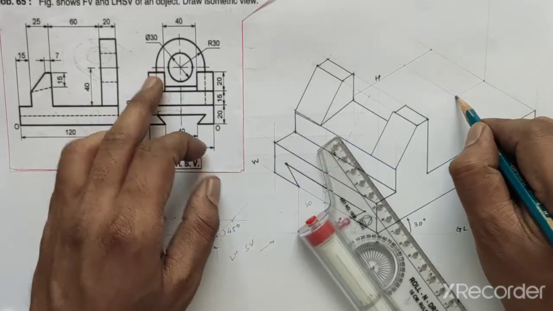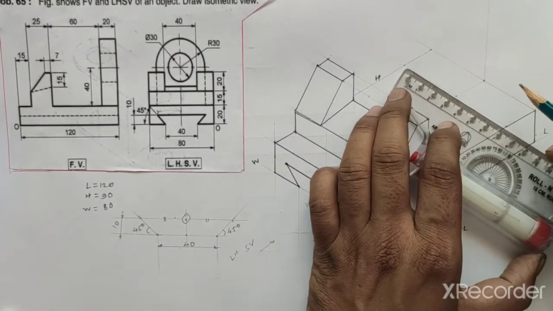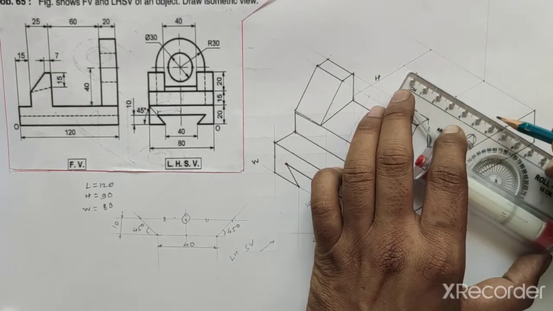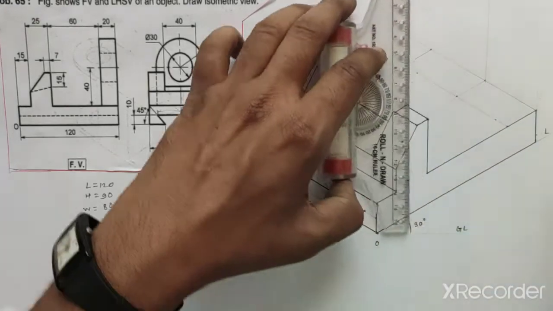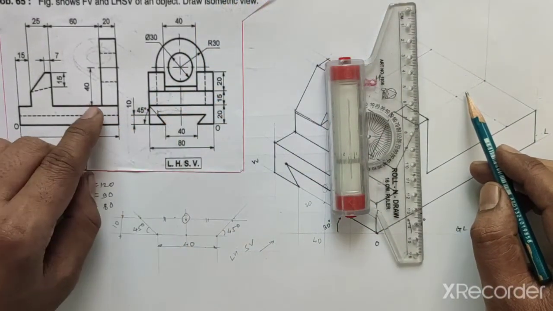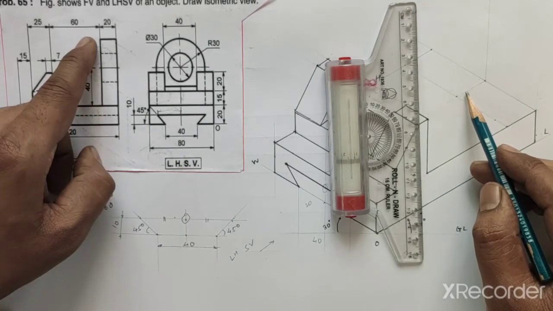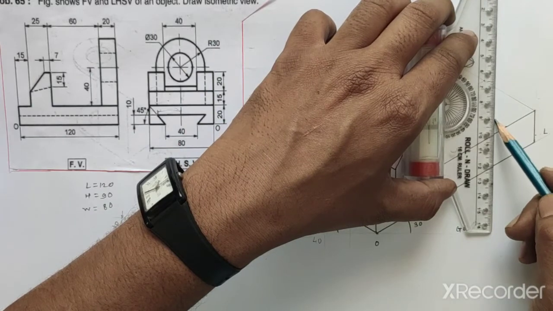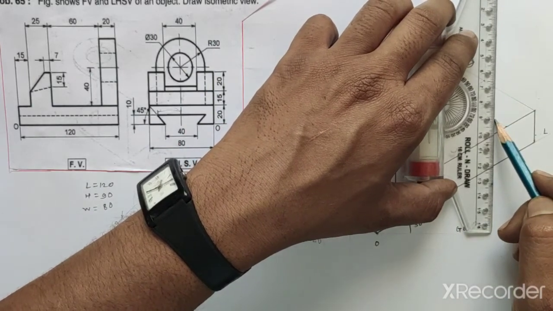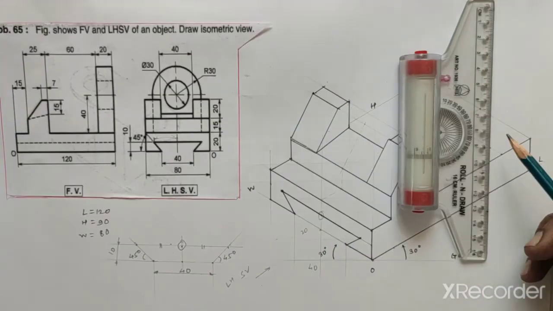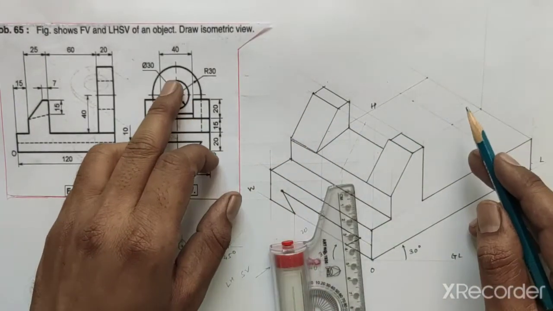So from this center point, take 30 mm on one side and 30 mm on the other side. The total height from the base is 40 plus 30, total 90 mm. The total back end plate has a height of 90 mm.